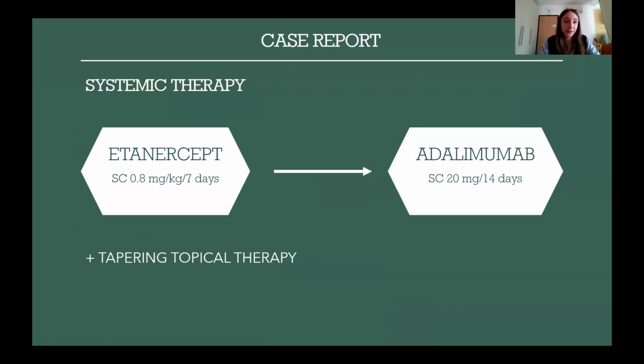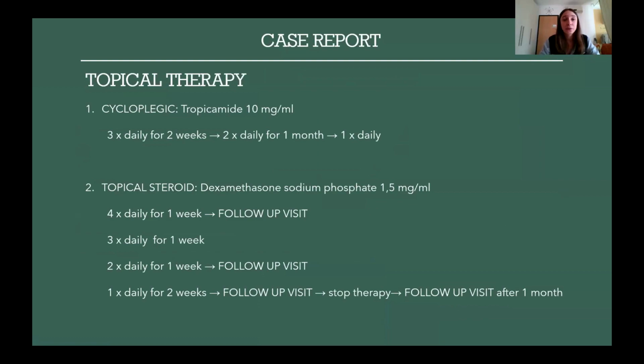For systemic therapy, we switched from etanercept to adalimumab, 20 milligrams every 14 days. For topical therapy, we introduced a cycloplegic, tropicamide, 3 drops daily for 2 weeks, then 2 drops daily for 1 month, and 1 drop daily.